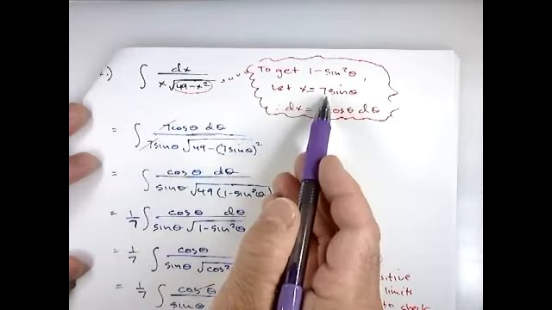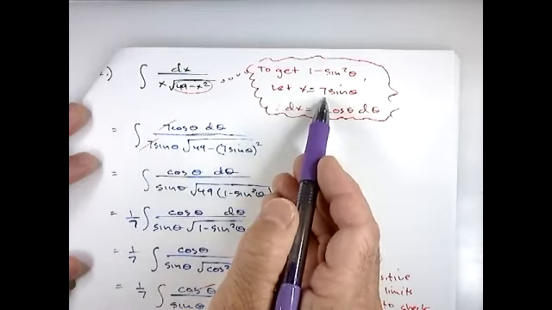So that's my logic in letting x be 7 sine theta. Because then when I square it, it's going to be a 49, which I can pull out. Of course, dx is the derivative, 7 cosine theta d theta. So the dx gets replaced with that. This x gets replaced with 7 sine theta, and we plugged it in there as well.